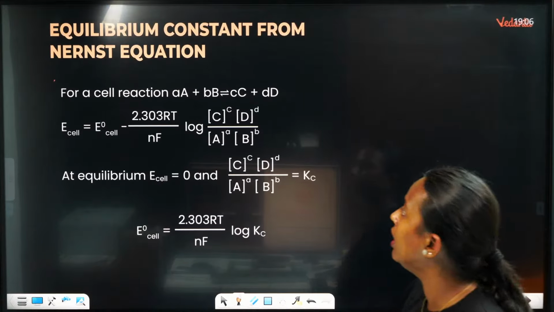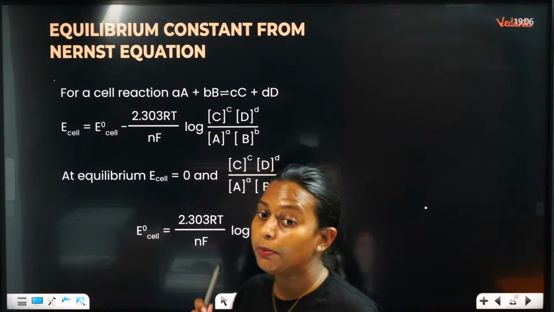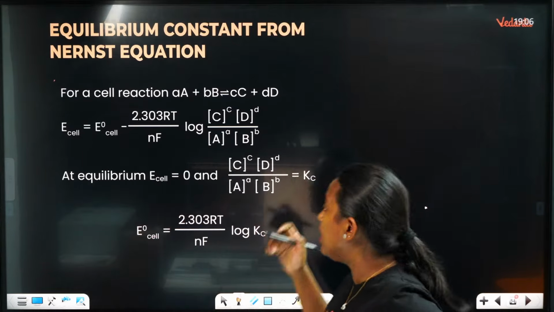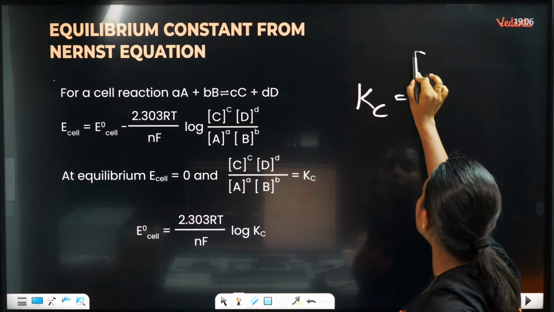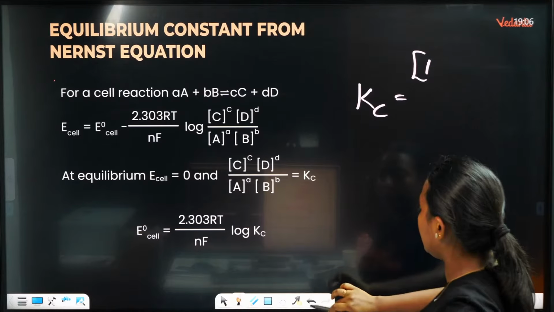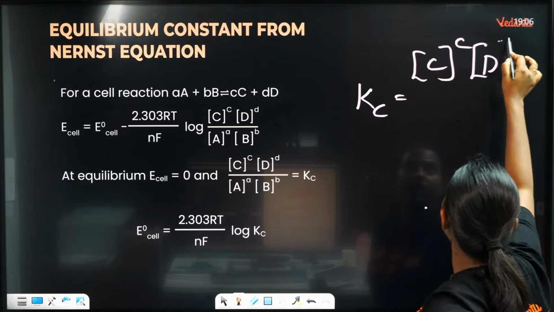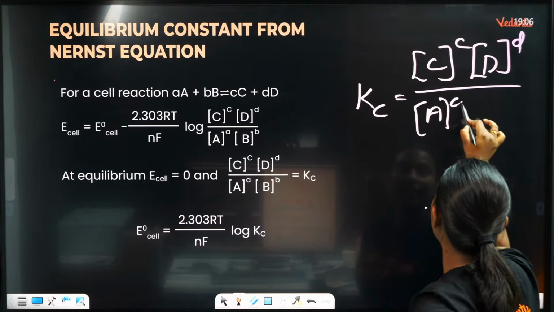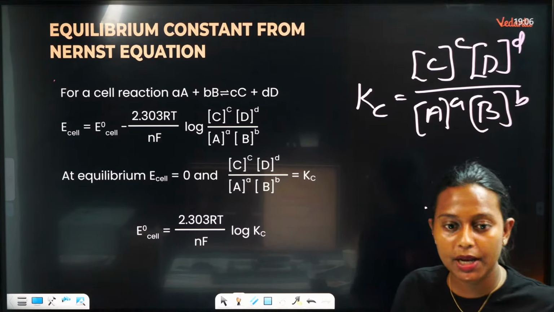Equilibrium constant for the Nernst equation. What is the equilibrium constant? We know that equilibrium Kc is equal to concentration of C raised to c into concentration of D raised to d, divided by concentration of A raised to a into concentration of B raised to b. This is the equilibrium constant.